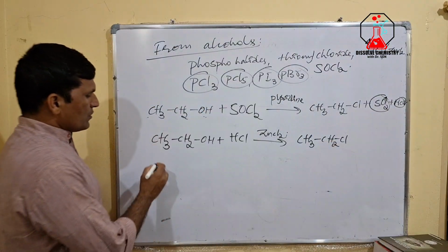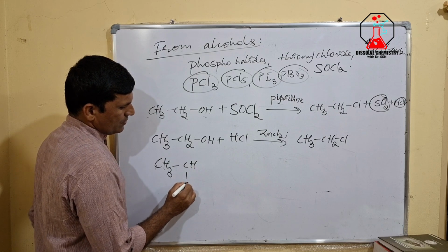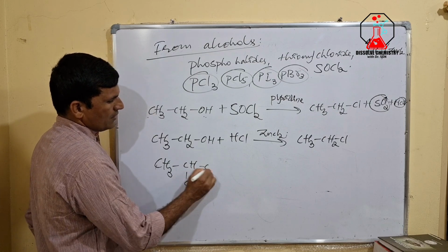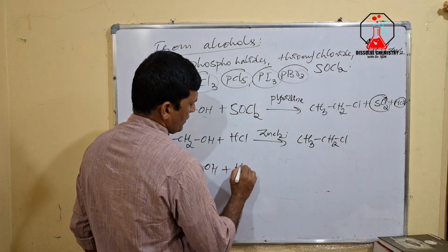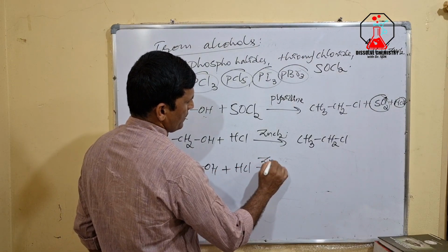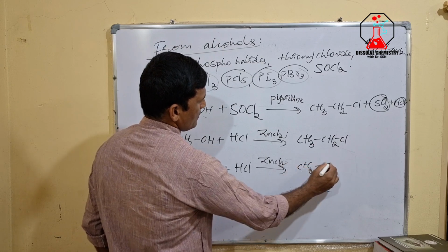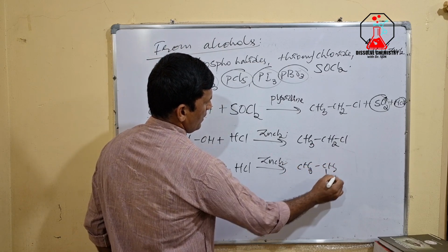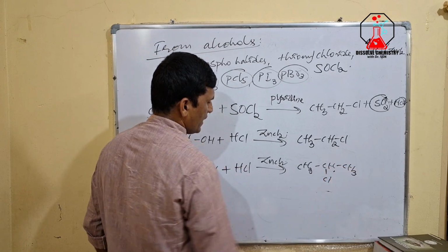Now suppose you are using a secondary alcohol, CH3CHOHCH3, isopropyl alcohol, then also we need zinc chloride. In presence of zinc chloride, it will react and give the product CH3CHClCH3.